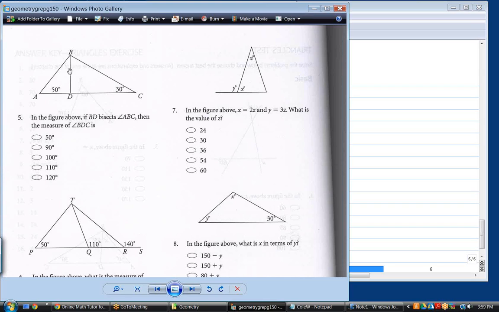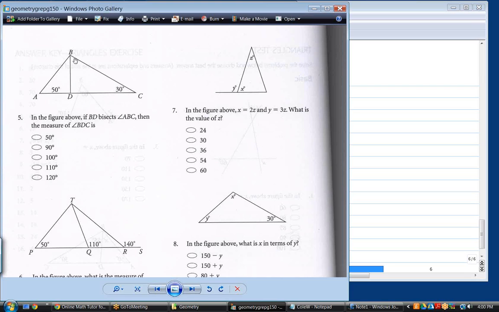What's the entire angle equal to? 100. So what is each angle equal to, if they're equal? When it says that BD bisects ABC, that means that that angle is equal to that angle. So it would just be half. 50 degrees. Each of them is 50.